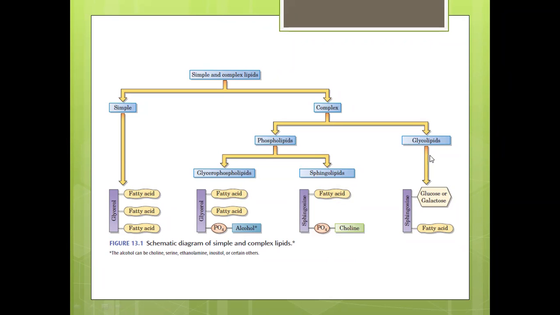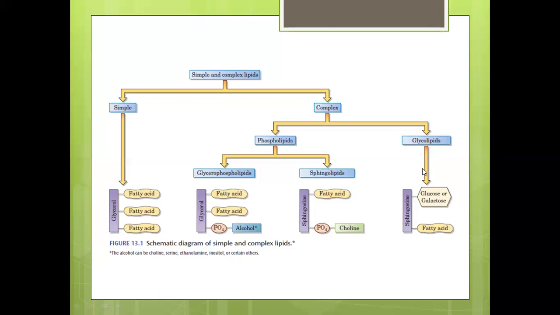In the glycolipids, you don't see any phosphate groups. You can see the phosphate group in the phospholipid, but in glycolipids you don't see any phosphate group. What you can see is a sphingosine, and then instead of a phosphate, you can see your monosaccharide, glucose or galactose, and then you have another fatty acid.